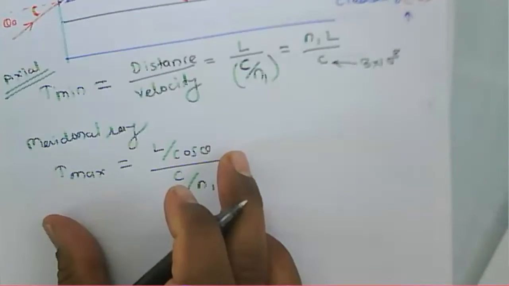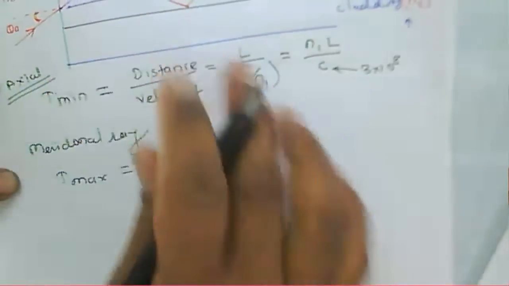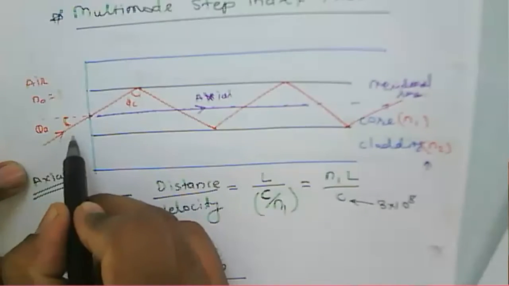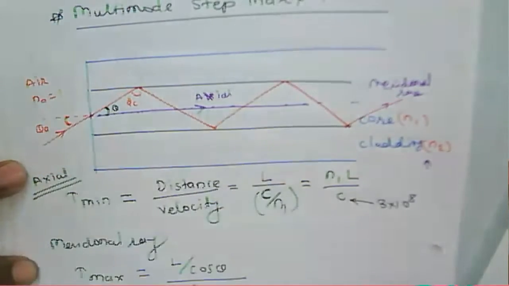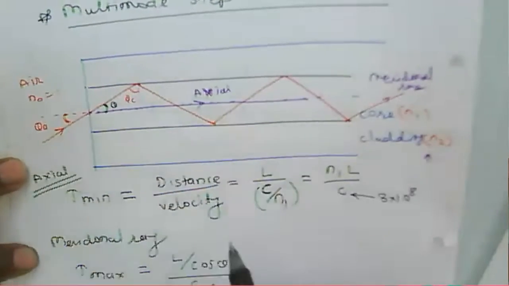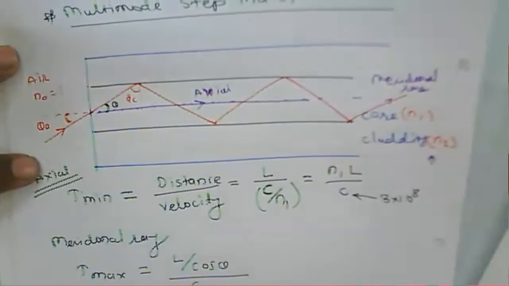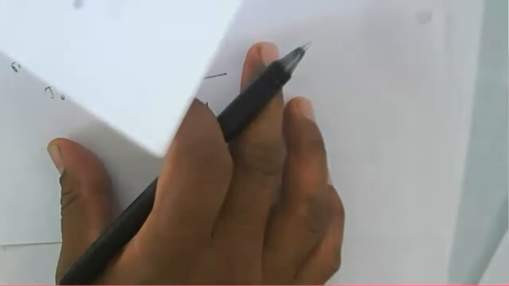Because this is your critical angle, and this ray is the acceptance angle, and this one is theta. So L is the length of the fiber, divided by the velocity c by n1, with cos of theta.